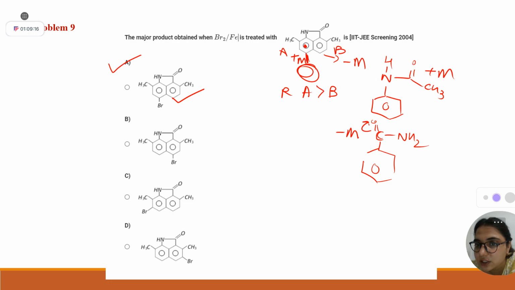If you draw the resonating structure, plus will come here, negative will come here. So your benzene ring will have a net positive charge. Yes or no? Yes, ma'am. Therefore, the correct option is option number A. If anyone is not clear, please tell me. And if I'm going too fast, you can ask me, I will slow down. But I know you know all these concepts, plus M, minus M. You just have to see the substituent attached to your benzene ring, find out whether it is plus M or minus M, and just tell the answer. Okay?